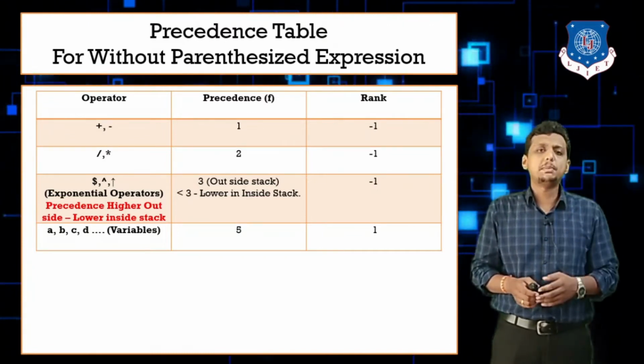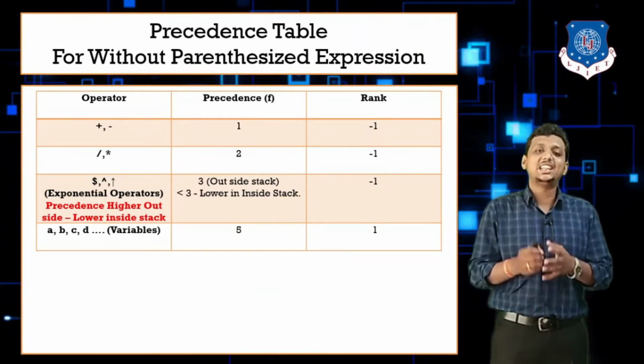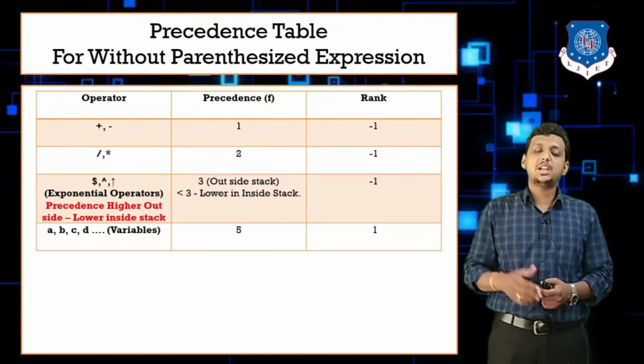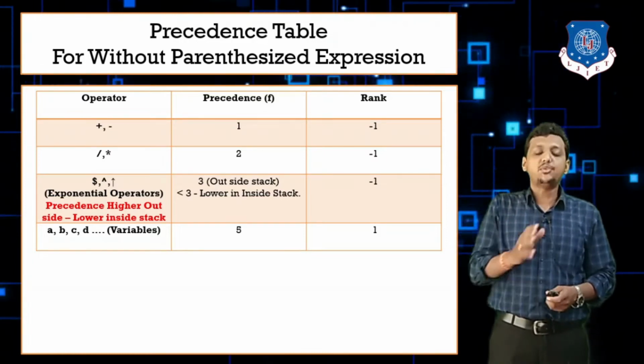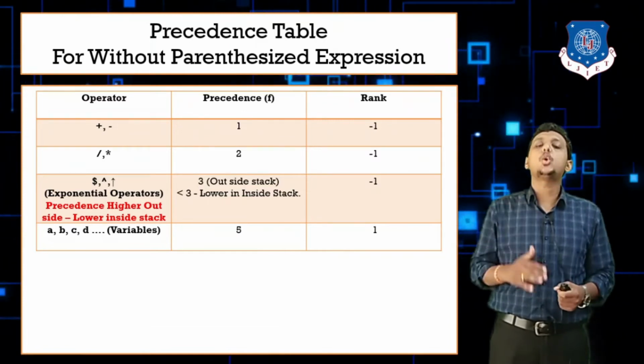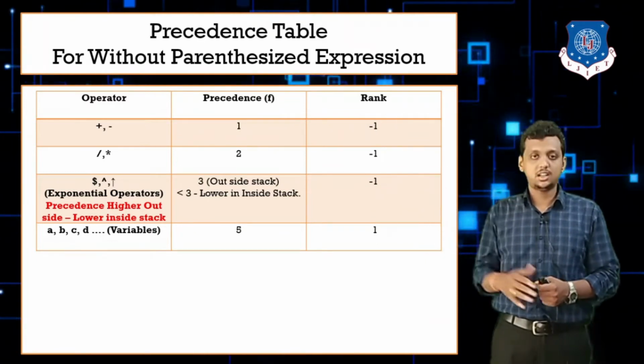So what do we mean by ABCD? ABCD means the variables used in the expression. So here we have the precedence table like 1, 2, 3, and the exponential operators have precedence lower than the variables and higher than division and star.